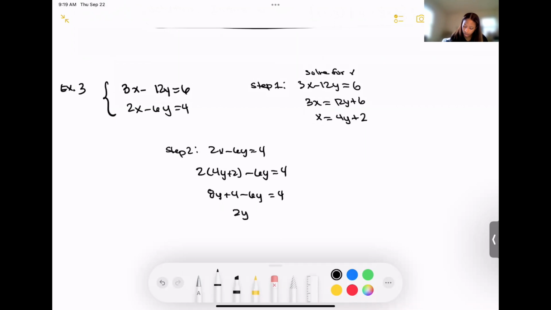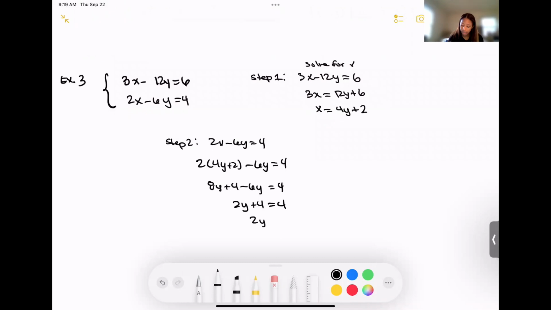And then 2y plus 4 is equal to 4. All right, from here, subtracting 4 from both sides, 2y equals 0. So y would be equal to 0. Sorry, this is steps 2 and 3. Step 2 was substituting, step 3 was solving.